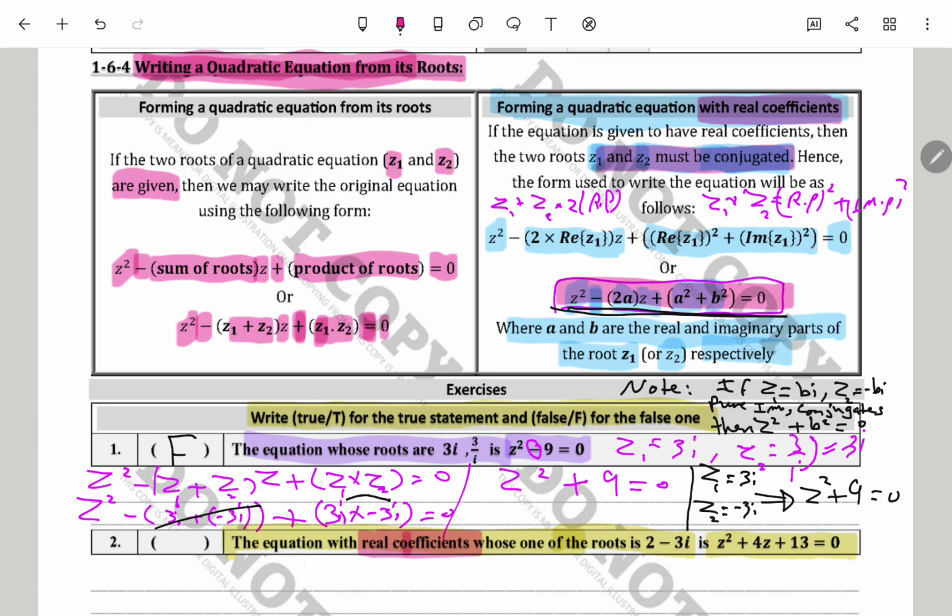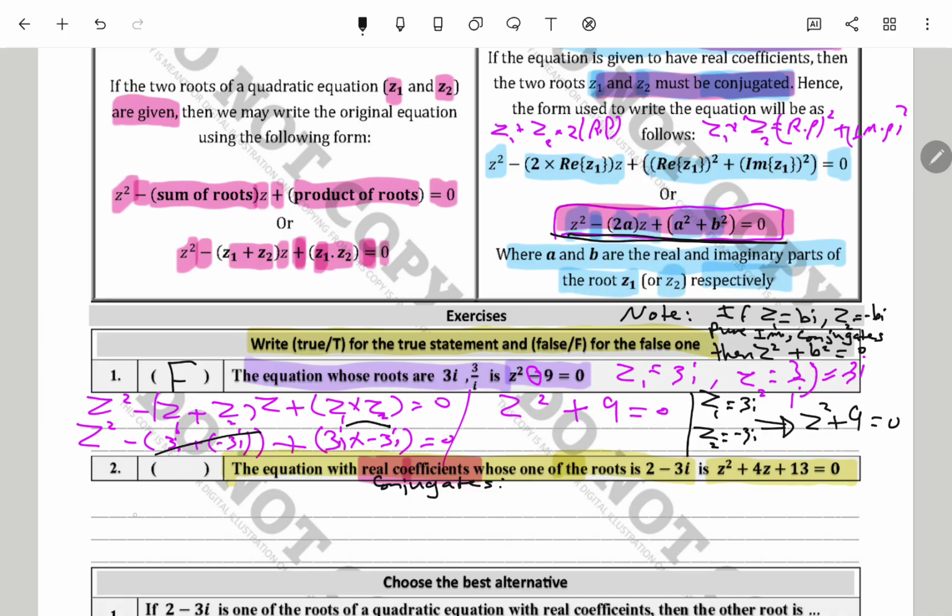So I can write here the two roots are conjugates, and that can help you to use it easily. So here z squared minus, in a bracket, 2 times the real part multiplied by z plus the imaginary part squared plus the real part squared, all will be the constant term, equals 0.